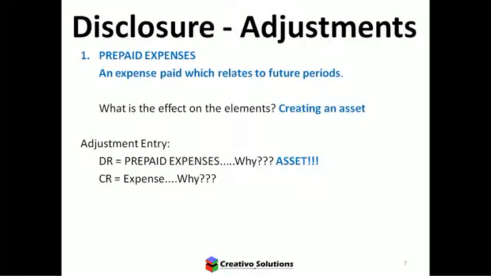Well, the expense is definitely too high because when I captured the expense, I would have captured 12 months worth of an expense, but only 2 months belong to the financial year, and therefore I adjust because I'm disclosing the information more accurately for my users. Remember, adjustments are only done at the end of the year to provide for changes between what we had during the year and what relates to the future.